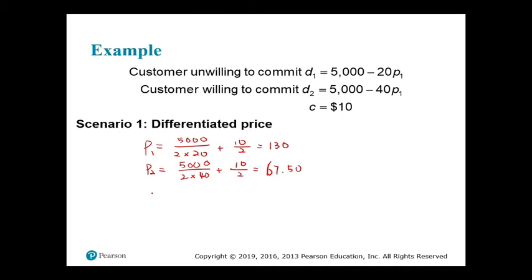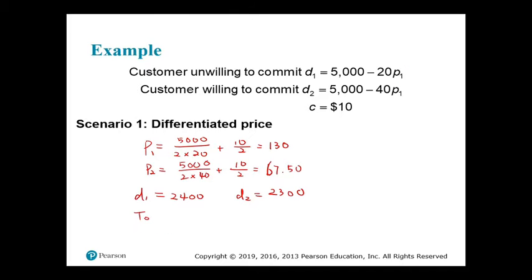And correspondingly, we can calculate the demand from each segment. D1 would be equal to 2,400 and D2 equals 2,300. So these are just simply substituting the P values into the demand function.